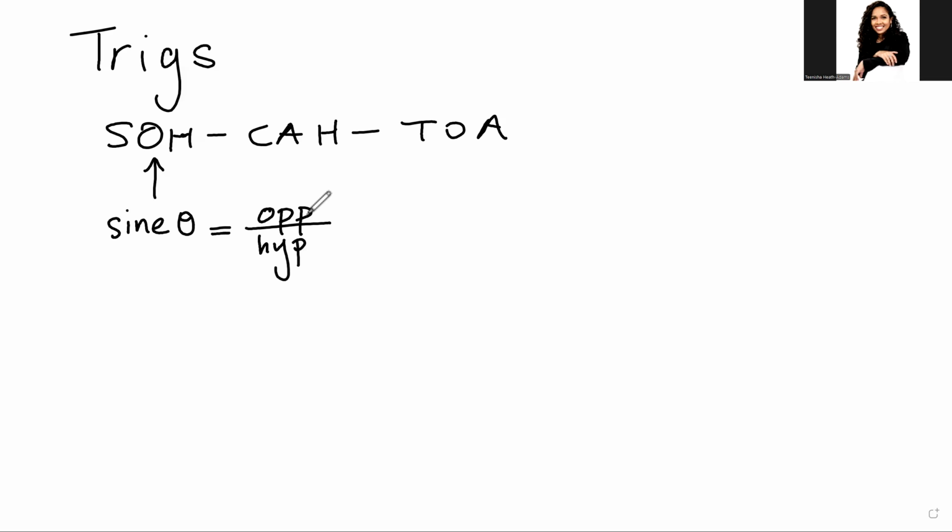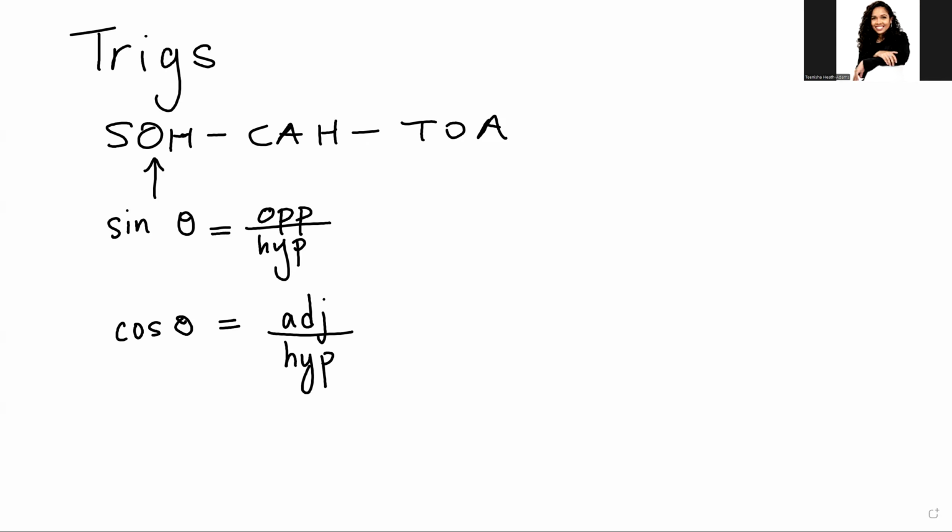The O stands for opposite, right? And then the A is adjacent and the H is hypotenuse. So the C in CAH is really cosine, and we abbreviate it as cos. So the cos of an angle theta is equal to the adjacent over the hypotenuse.